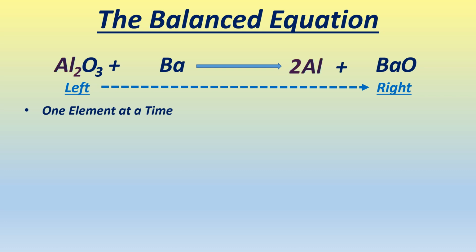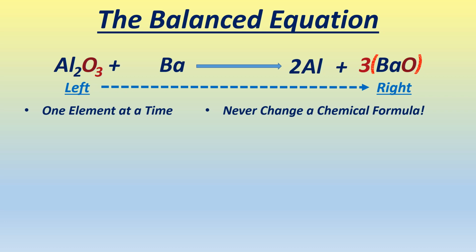The next element that's showing up is oxygen, with 3 on the left and 1 on the right. This is a key point. The oxygen on the right is part of barium oxide. One does not change a chemical formula when one is balancing an equation. Barium oxide has a ratio of 1 barium to 1 oxygen. So to get 3 oxygens, one needs 3 moles of barium oxide.